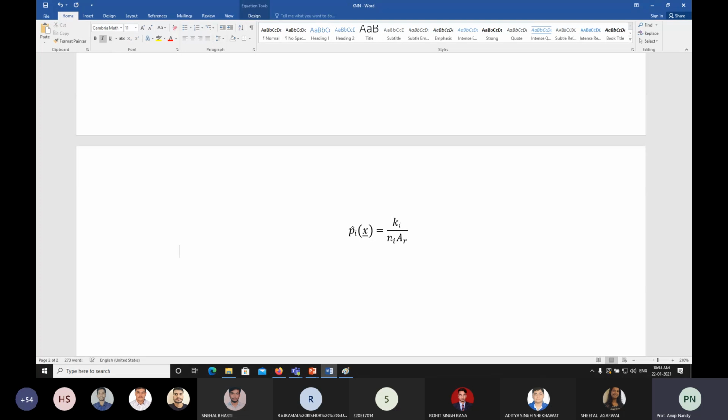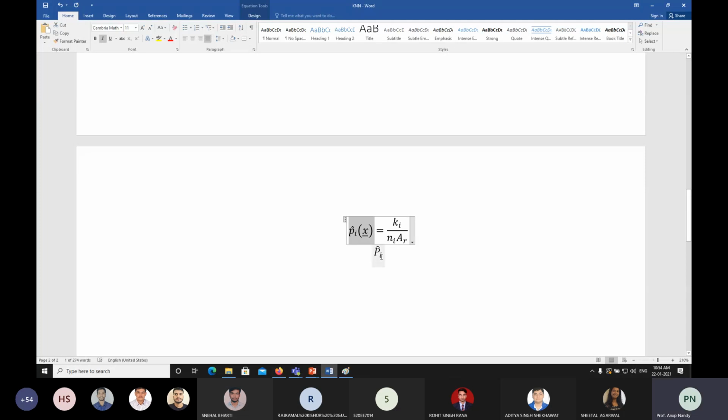So now apply capital Pi. Capital Pi is a prior probability.